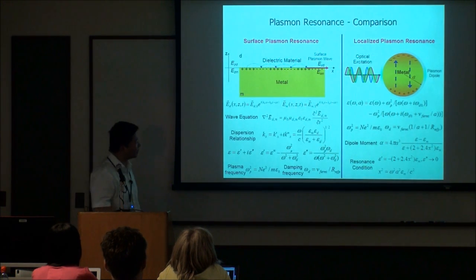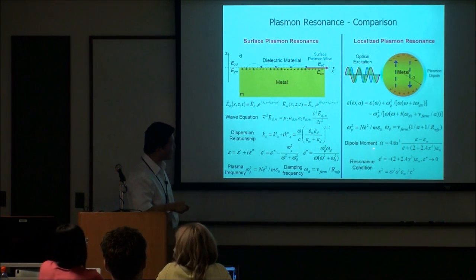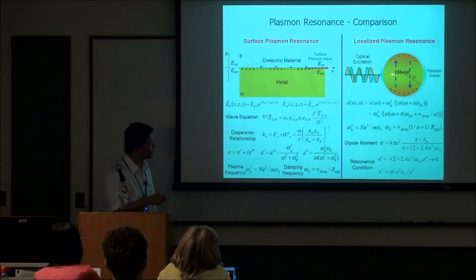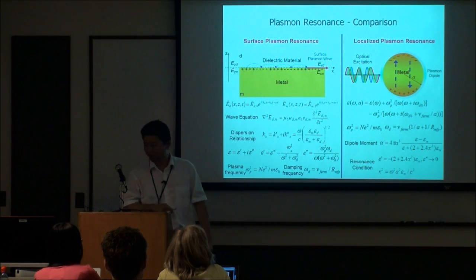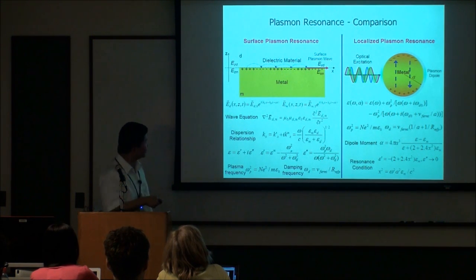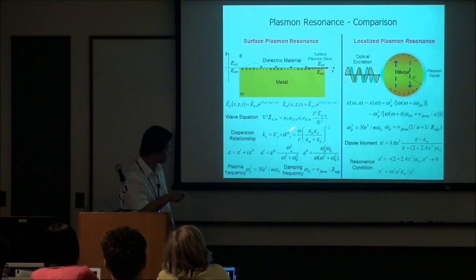But for the nanoparticle case, I'm giving an equation where you should modify the dipole moment depending on the size of the particle, for example, depending on the radius of the nanoparticle. So here it has nothing to do with the actual dimensions of the materials. There's no dimension term here.